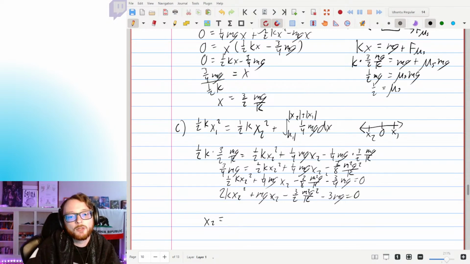I mean, if I'm defining x1 to be positive, we don't need all these absolute values.